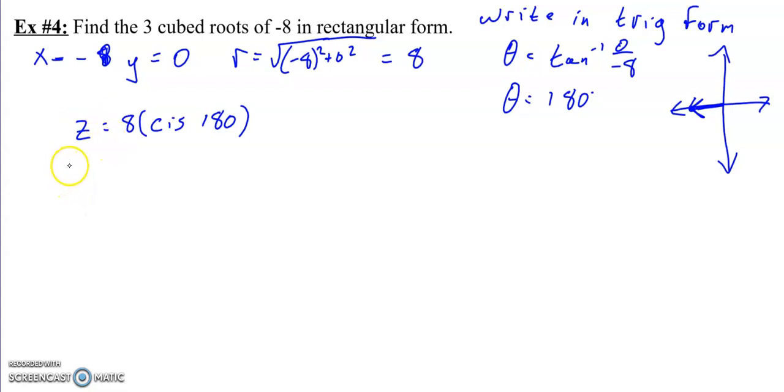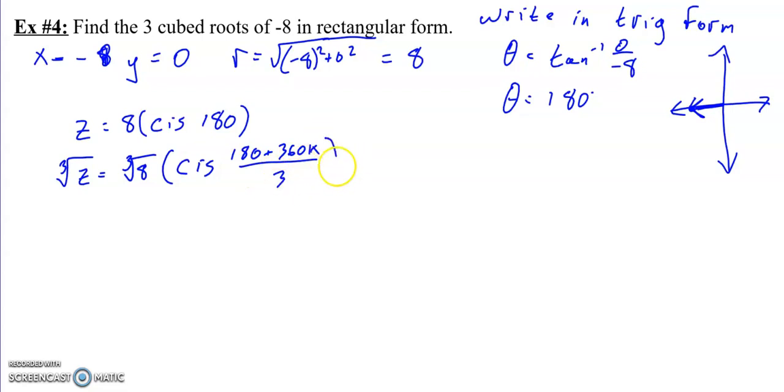Since we're finding the nth root, this is what z equals. We want to find the cube root of z. So to do that, we are going to take the cube root of r, which is 8, and multiply that by cis of 180 plus 360k, all divided by 3, because that's my root.